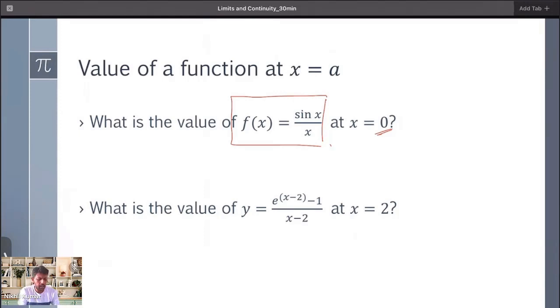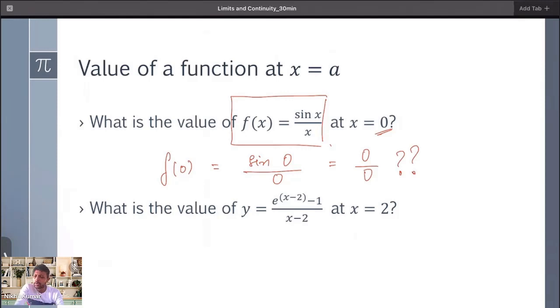I hope you've tried it out, and you would see that there is a problem with this. Now, if we try to find out the value of f of x at x equal to 0, I can directly write that as f of 0. So if I have to find out f of 0, that's going to be sine of 0 upon 0. Well, sine of 0 is 0, so 0 upon 0. Now this is interesting.